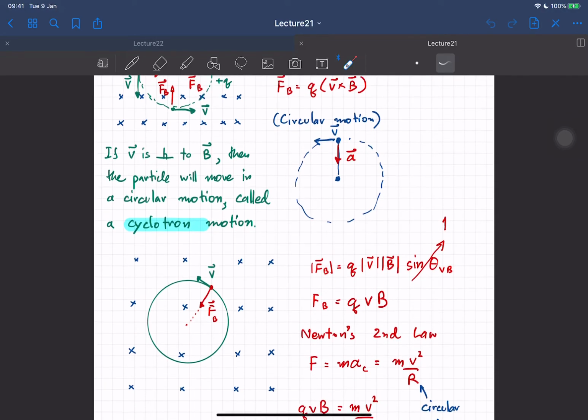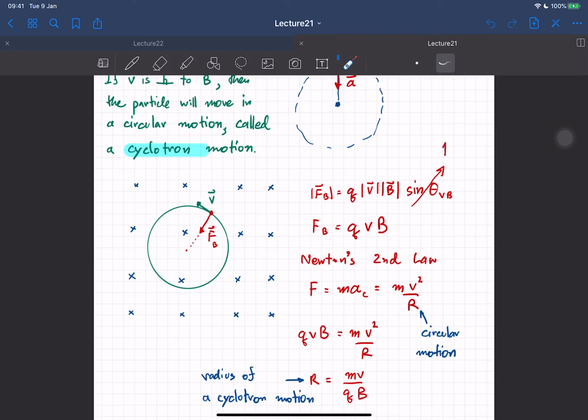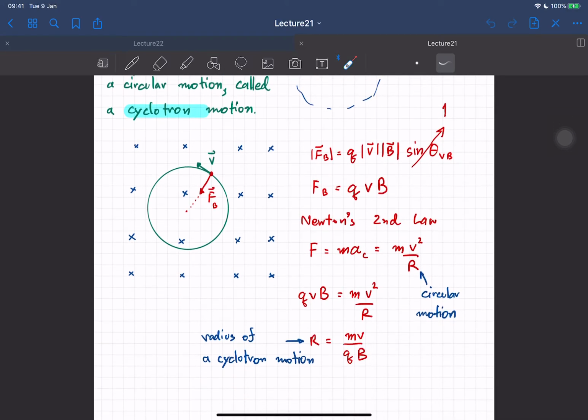First, we can calculate the radius of curvature of this circular motion. You just write down the magnetic force. The angle between V and B is 90 degrees, so sine of 90 degrees is 1. So the force is just qvB.